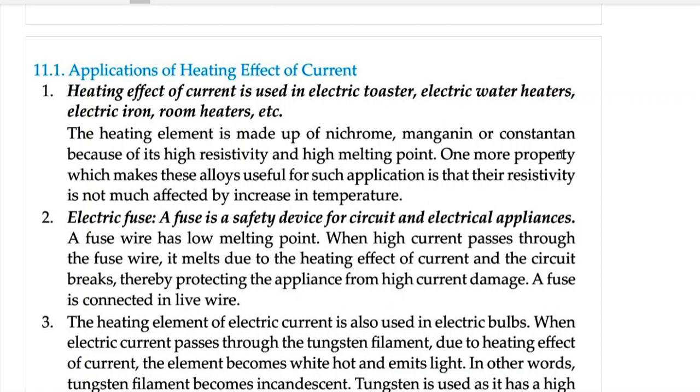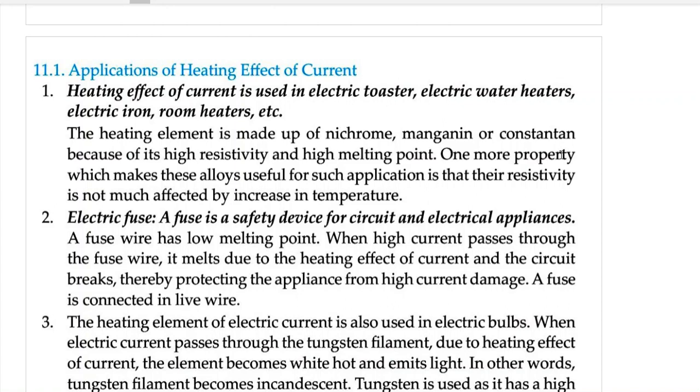So for these devices, they use a heating element made up of nichrome, manganese, or constantan because of its high resistivity. High resistivity means high resistance. High resistance means more heat will be produced. Also, they have a very high melting point.